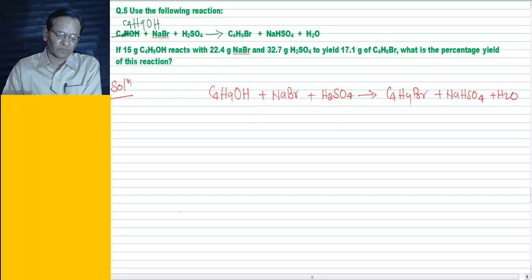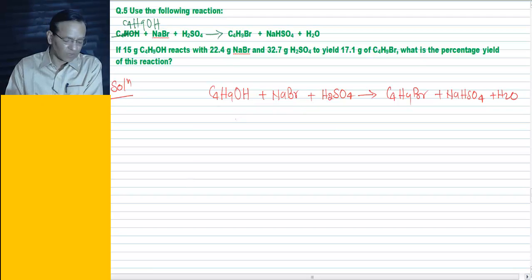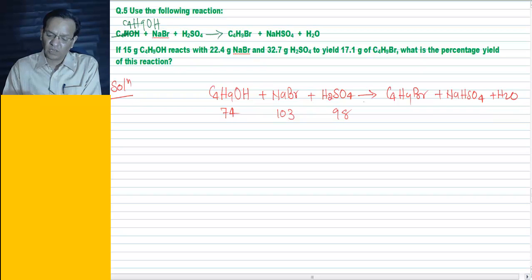It is the balanced one. Now if we determine their molar mass, it will be 74 for this, 103 for this, 98 for this, and we need to determine C4H9Br whose molar mass is 137.